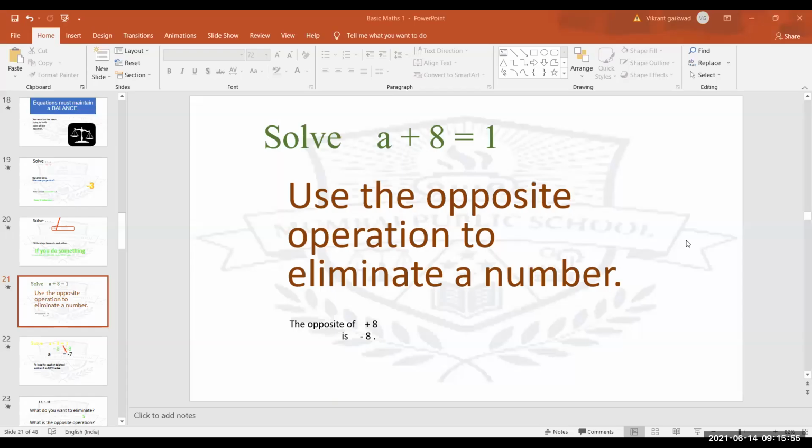Just a minute, beta. Yes, now is the question visible, Shweta?